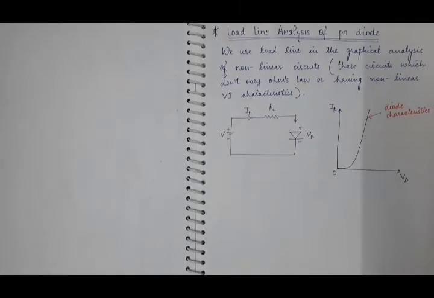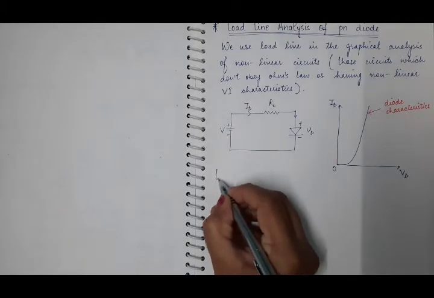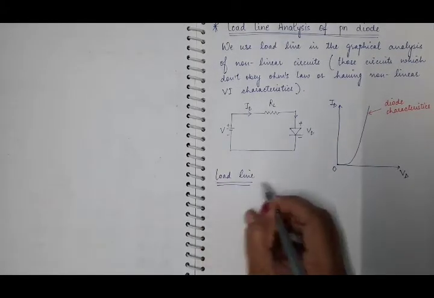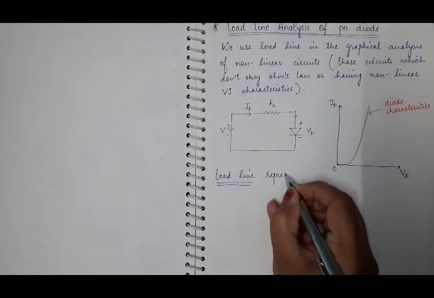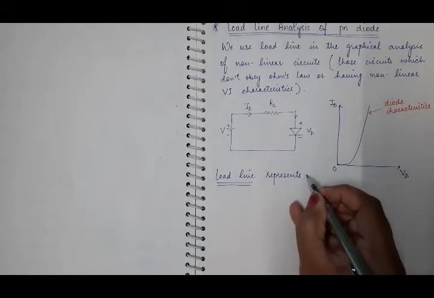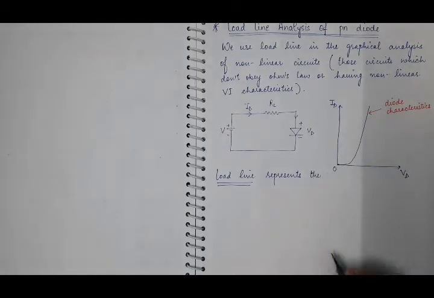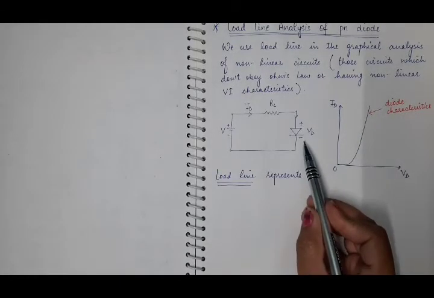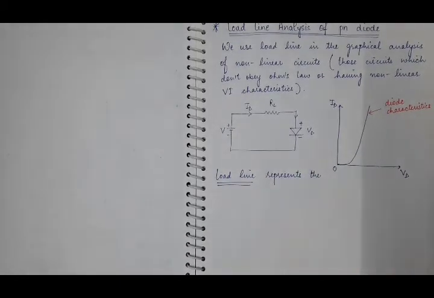And what does this load line do? Load line actually represents the constraints or conditions which all the other parts of the circuit place on the diode. So what does load line represent?